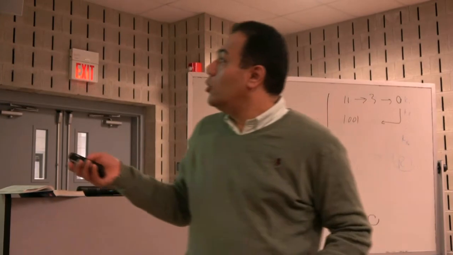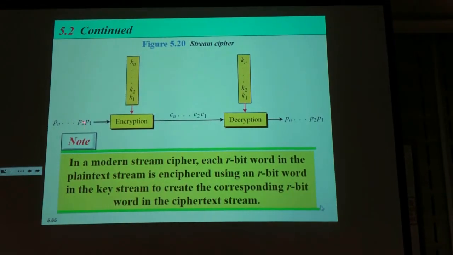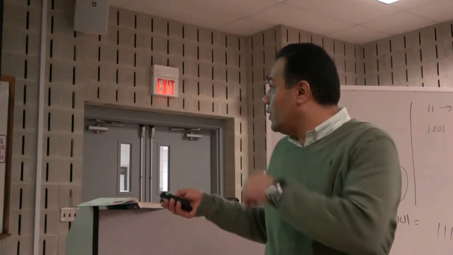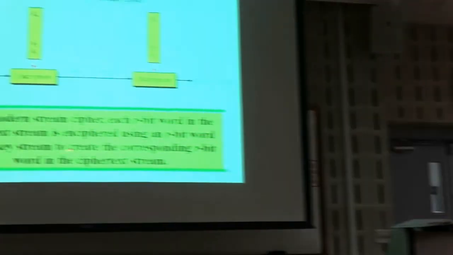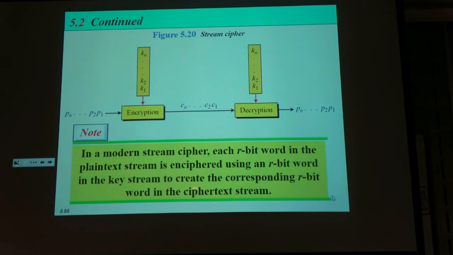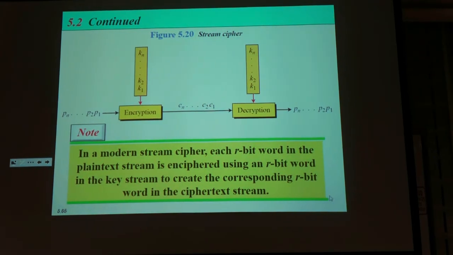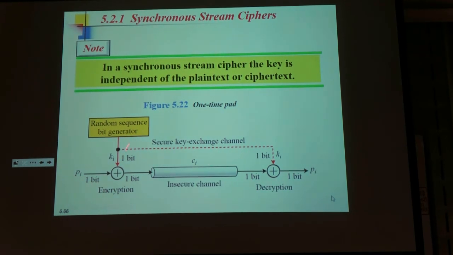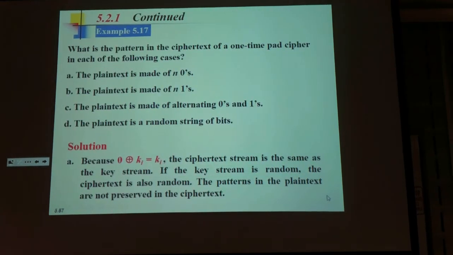In here, no, we take it bit by bit: P1 with key 1, P2 with key 2, one by one. In the modern stream cipher, each R-bit word in the plain text stream is enciphered using an R-bit word in the key stream to create the corresponding R-bit word. So it will be encrypted one by one.